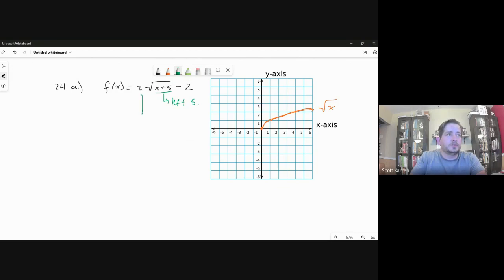And so this 2 tells me that everything gets stretched, a vertical stretch by a factor of 2. And then the last little bit is this minus 2 hanging out here. That's a shift down by 2.